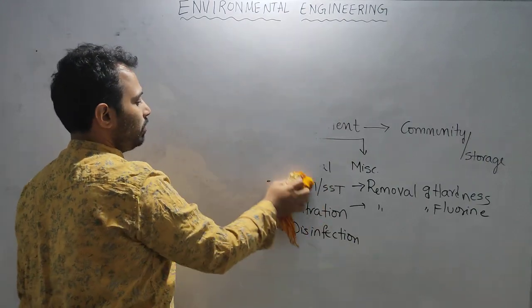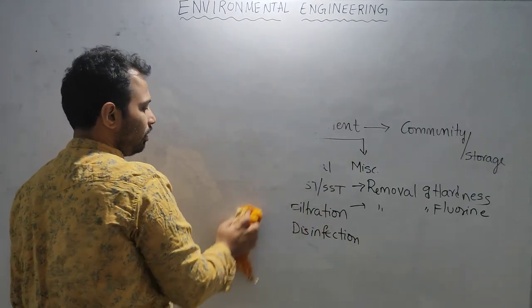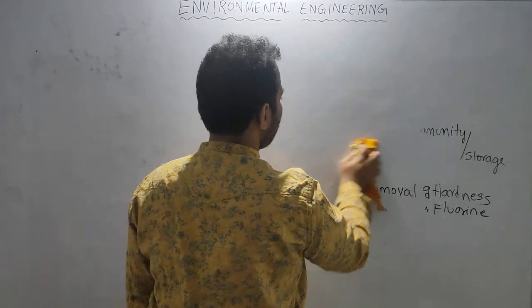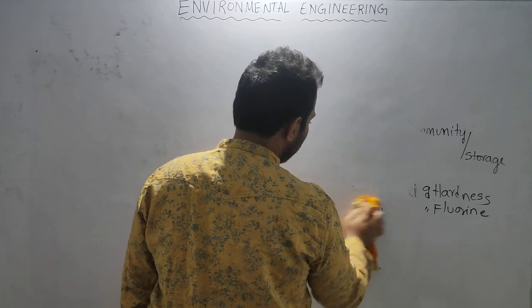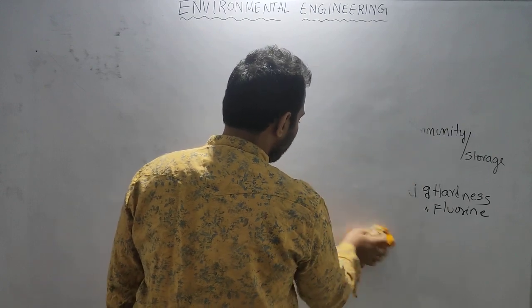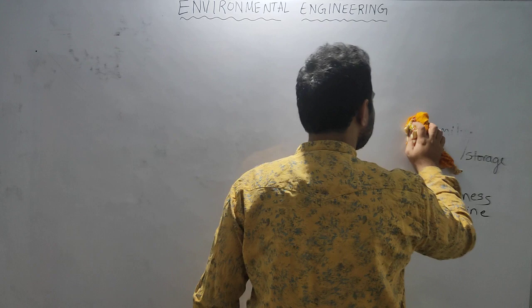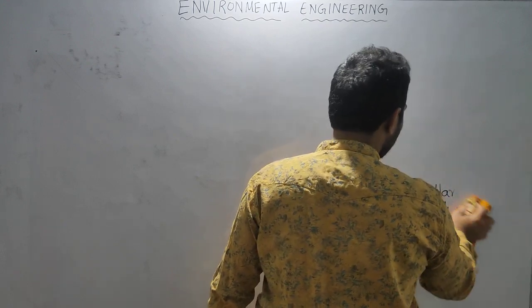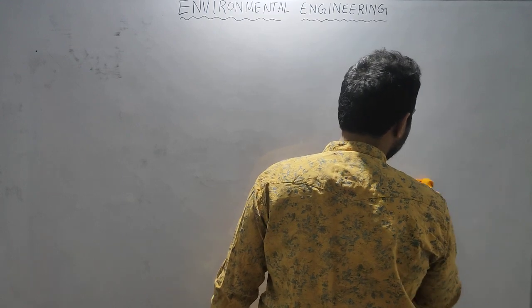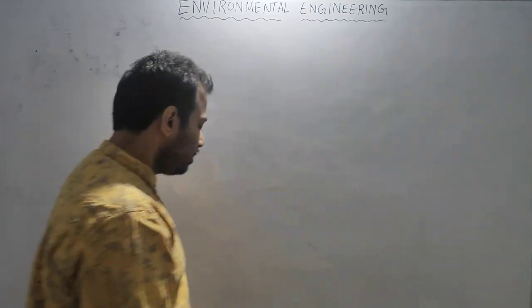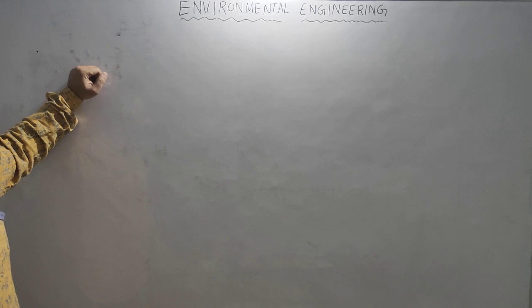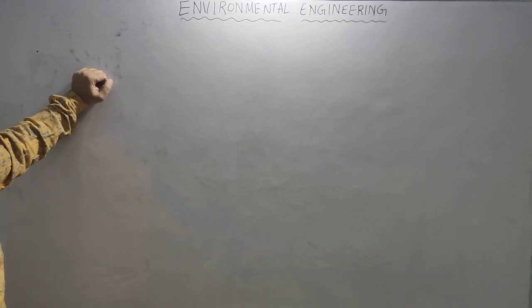For example, if you are feeling thirsty, you go to a shop and purchase a water bottle. If you are feeling very thirsty, you will purchase a 1 liter water bottle. Or if you are going somewhere you don't find any water, you will purchase more water to cater to future needs also.